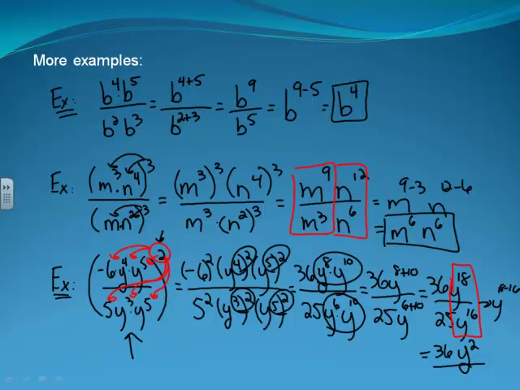The only thing left in the denominator then is that 25. Now ask yourself, is there a common factor that I could factor out of 36 and 25? And I believe the answer to that is no. So your final answer will be 36y squared divided by 25.